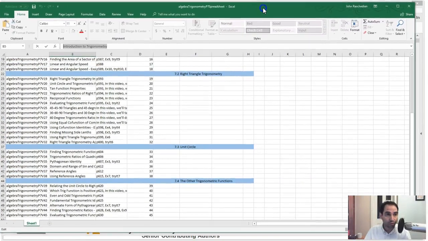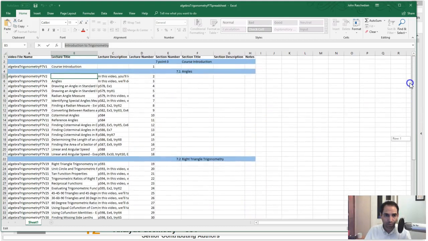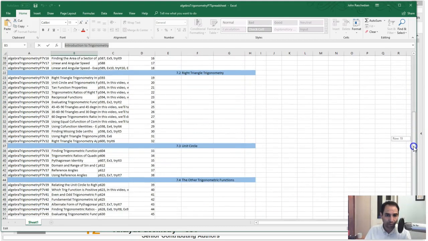If you want to know what you can expect in this course, you're going to learn about right triangle trigonometry, the unit circle. You are going to learn about angles and some other trigonometric functions.